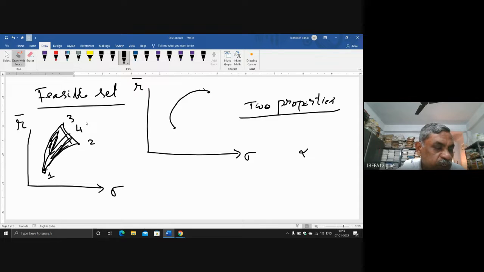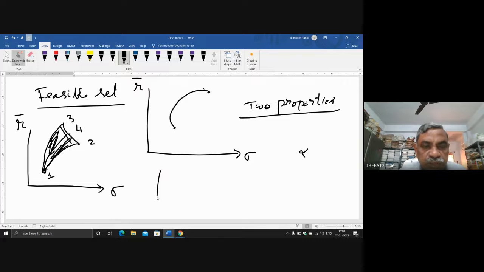Similarly, combinations of one of the three assets, like for example the fourth asset, together with one, will sweep out another curve. So the family of all the possible curves would form a solid region as marked here. Now, as I told, the property is the feasible region is convex to the left.